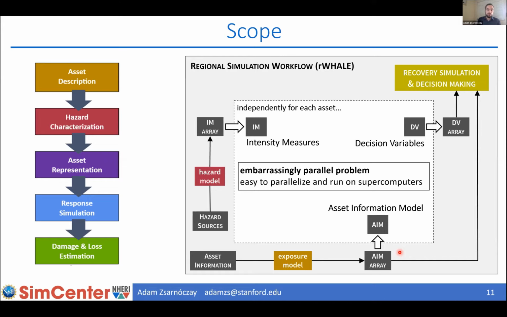This allows us to run these simulations in parallel, embarrassingly parallel, and bring it to, say, DesignSafe, and then save a lot of time and make these simulations feasible to run, even at a regional scale, even with 2 million buildings.